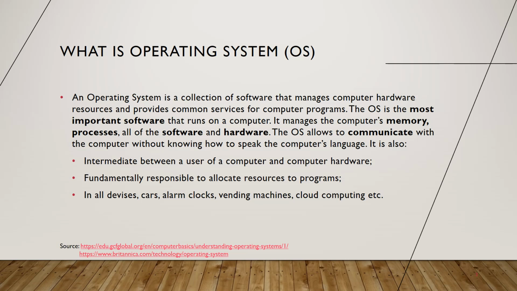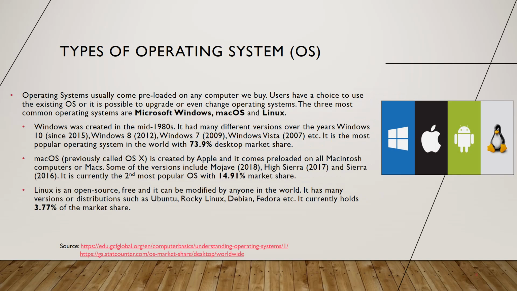So we move to the next one. As I was talking about Windows, Mac OS, and Linux, now we can learn a little bit about types of operating systems. Operating systems usually come preloaded on any computer that we buy.